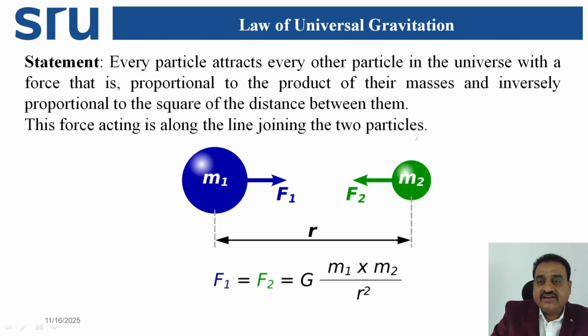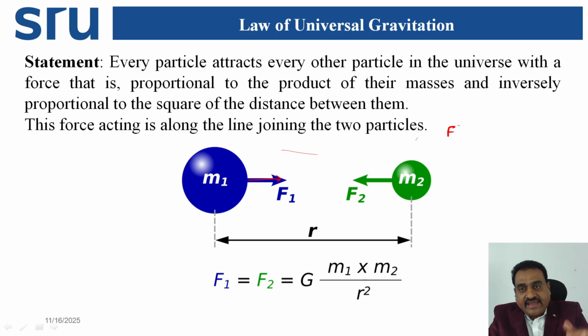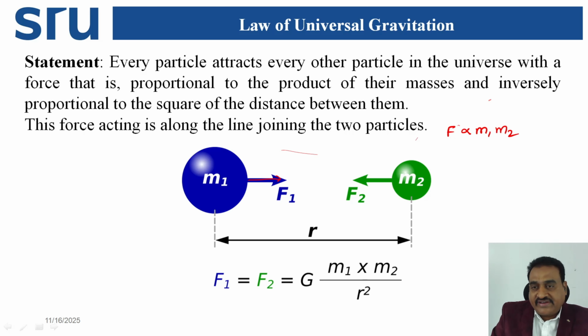So, what I am saying here, this force F1 or F2 in general: every particle attracts every other particle in the universe with some force F. F is directly proportional to the product of the two masses M1, M2, and inversely proportional to the square of the distance between them.